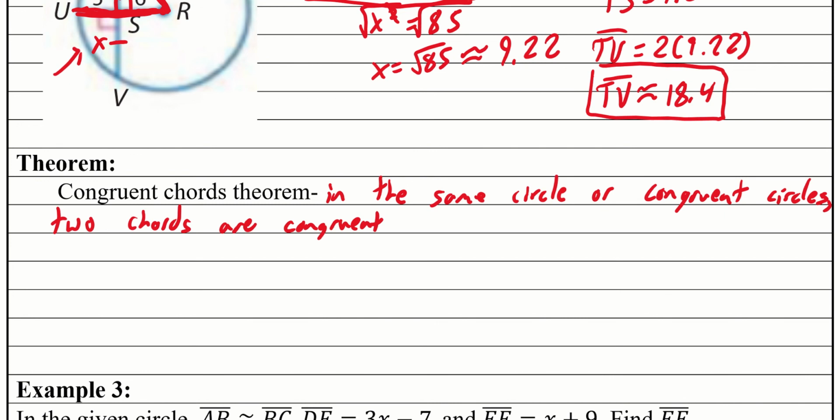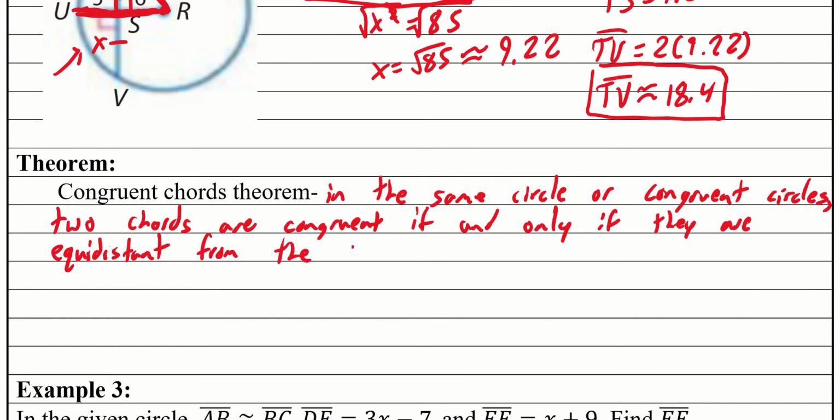Okay, two chords are congruent if and only if they are equidistant from the center. Okay, two chords are going to be congruent if and only if they're equidistant from the center.